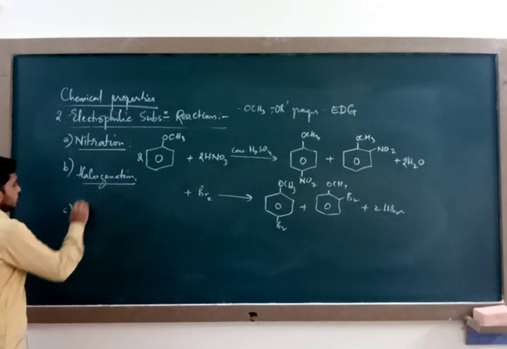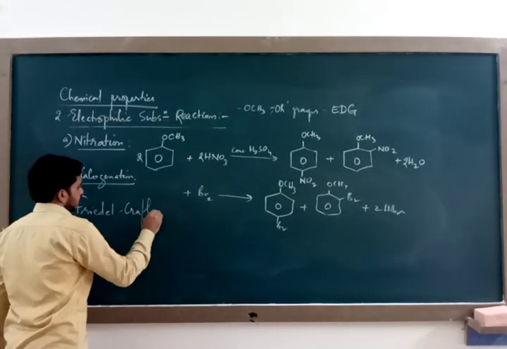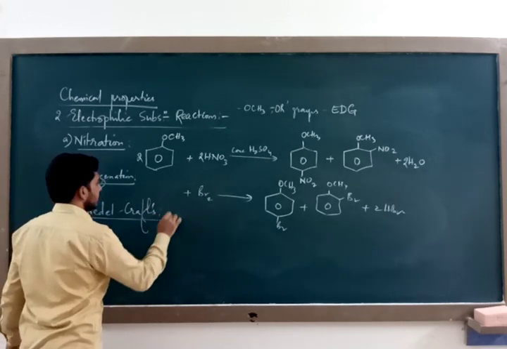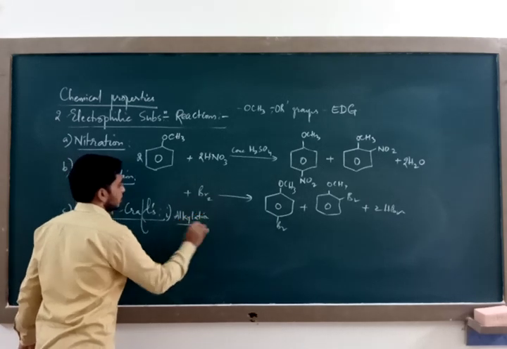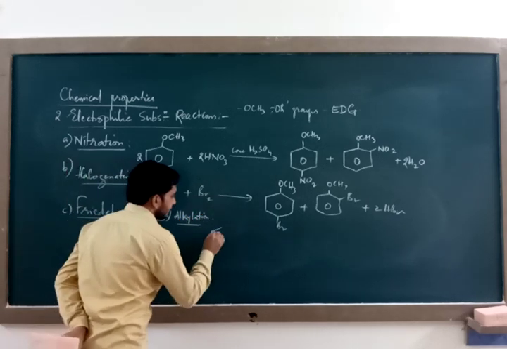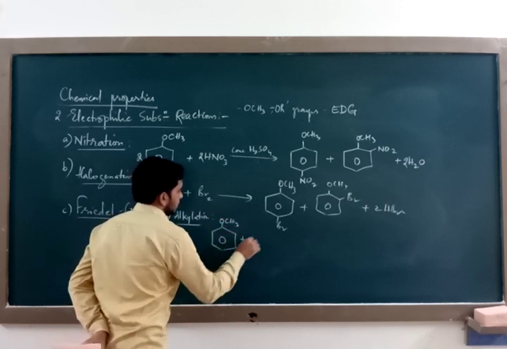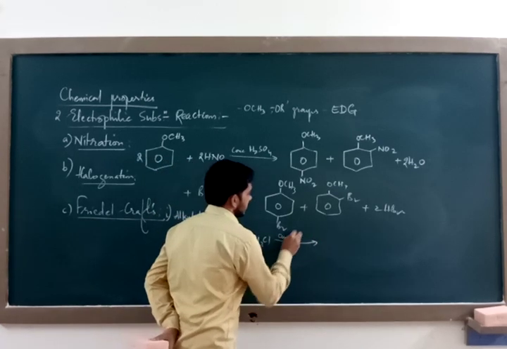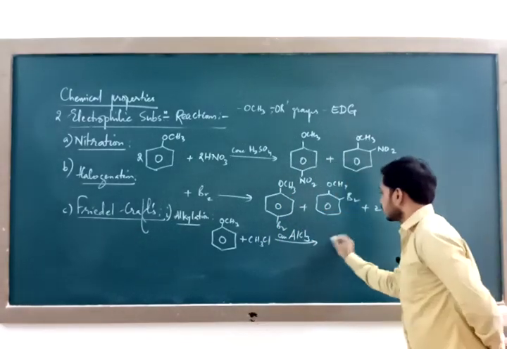For the third time you carry out Friedel-Crafts reaction. Under Friedel-Crafts you have two, one is alkylation. For alkylation what do you do? You react anisole with methyl chloride in the presence of anhydrous aluminum chloride. What is the product obtained?